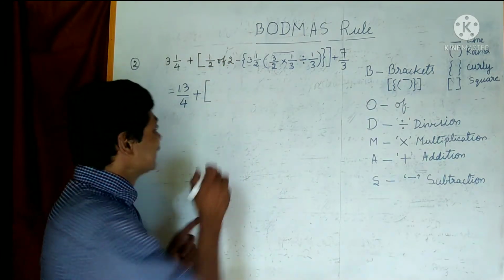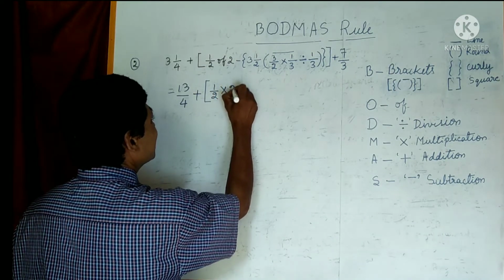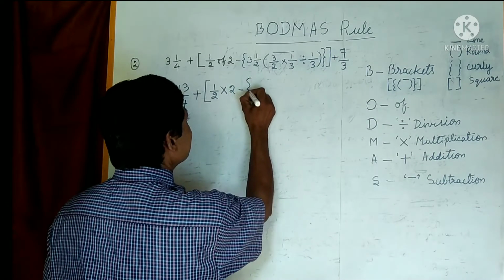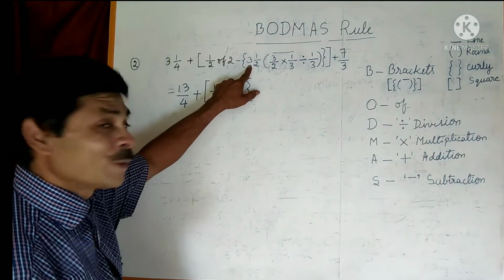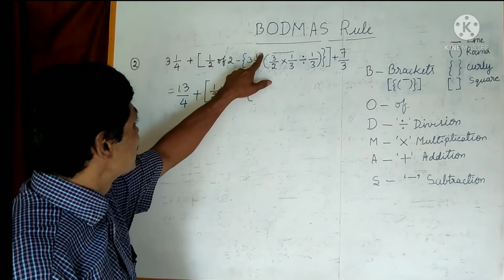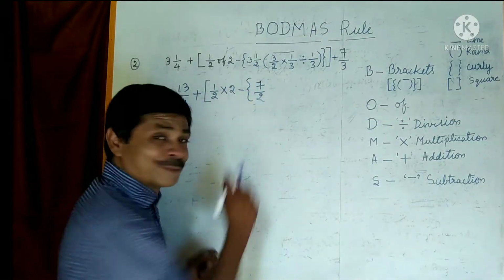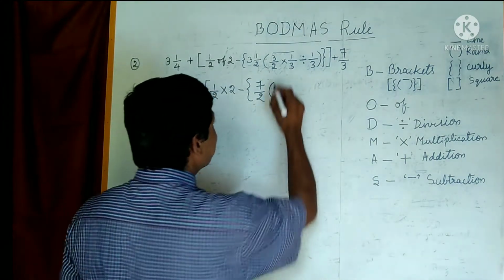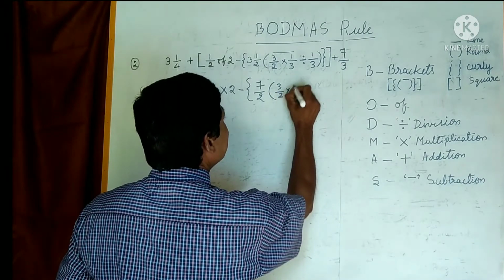How will we write this? 1 by 2 into 2 minus, this is also a mixed fraction. We will convert this into an improper fraction. 3 into 2, 6. 6 plus 1, 7. 7 divided by 2. Round bracket. We will write as it is.